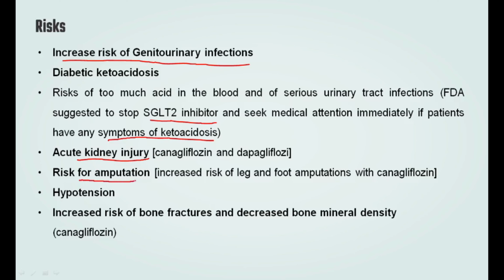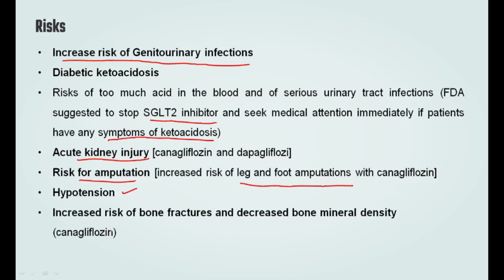Risk of amputation: it was also found that canagliflozin may increase the risk of leg and foot amputation. Hypotension may again be a problem, and there is an increased risk of bone fracture and decreased bone mineral density. This is also a warning by the FDA, again with canagliflozin.